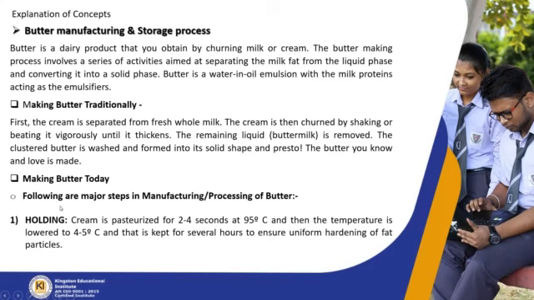There is a series of steps. First is holding. Cream is pasteurized for 22 to 4 seconds at 95 degrees Celsius, then the temperature is lowered to 4 to 5 degrees Celsius and kept for several hours to ensure uniform handling of fat.